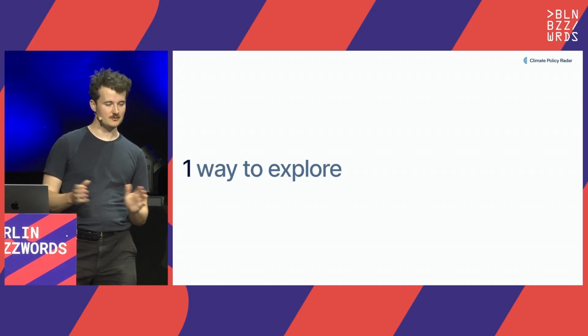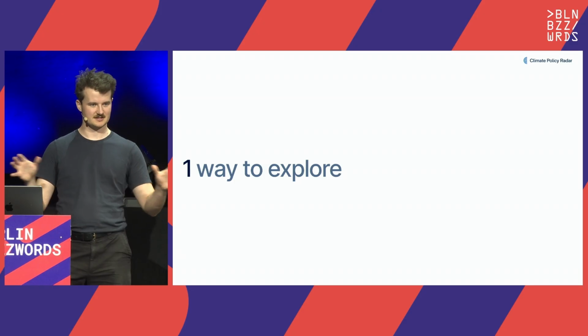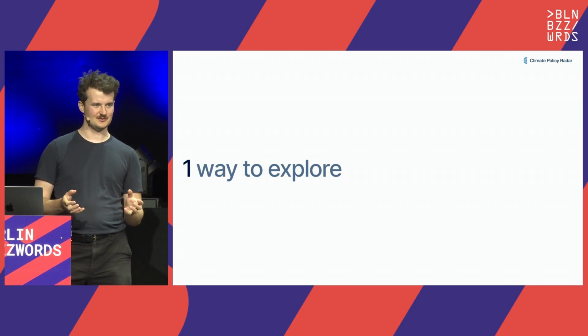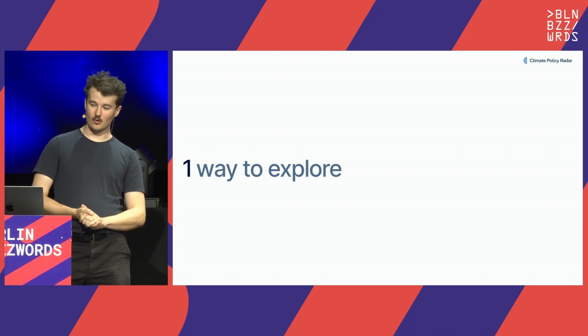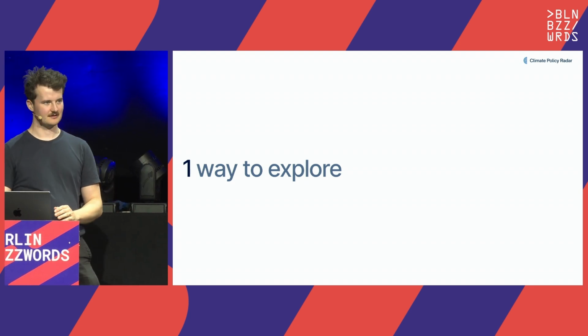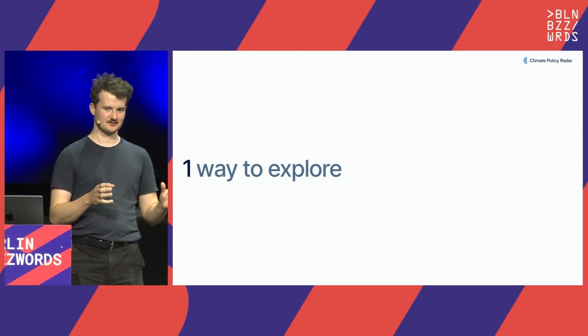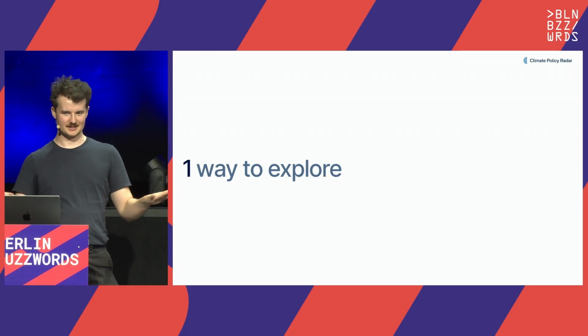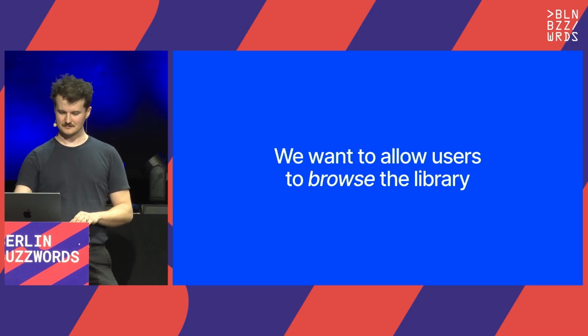But if you're new to the domain and trying to understand the entire landscape of climate policy and how it fits together, or if you're trying to compare two disconnected ideas, or looking for emerging pathways in the climate policy domain, traditional search falls short. We need a way of being able to move laterally through this collection of documents.